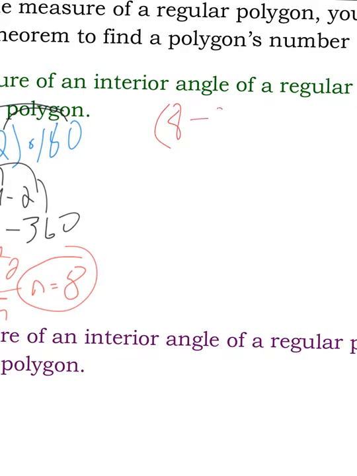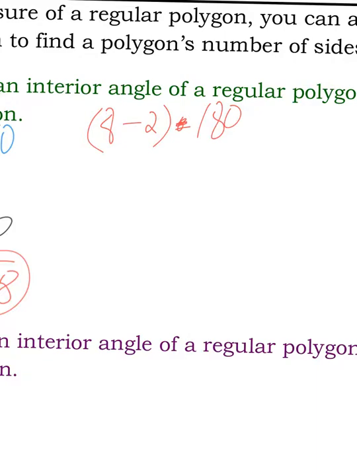8 minus 2 is 6. 6 times 180 is, so while I'm talking, I'm typing in 6 times 180. I get 1080. I could have just looked at that table. Now, okay, but it said 135.